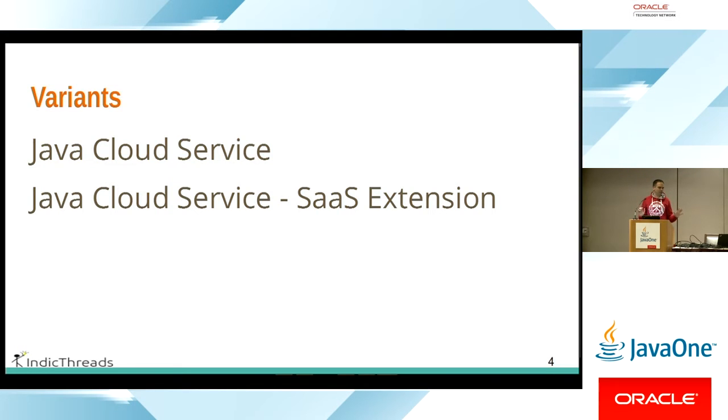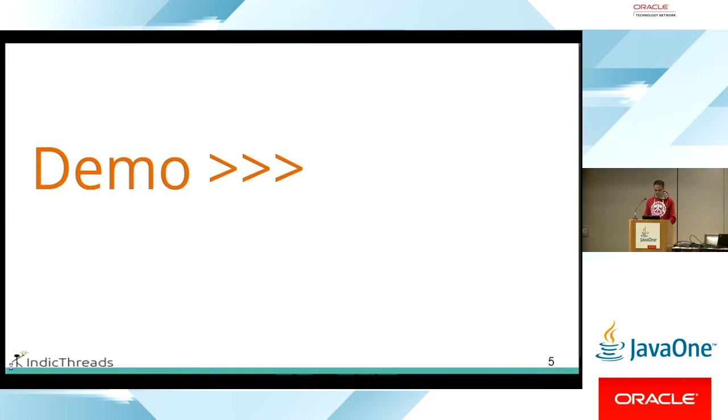It's meant to be a simple shared WebLogic environment where you build extensions, as Oracle now calls it, for the SaaS solutions that they have. And the other one, the Oracle Java Cloud Service, is the full-fledged version where you can do anything you wish.